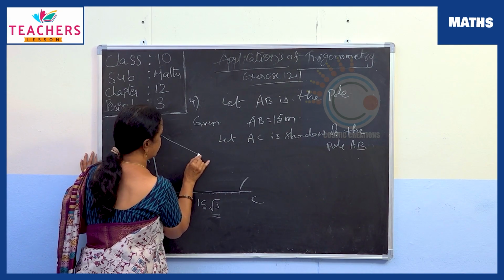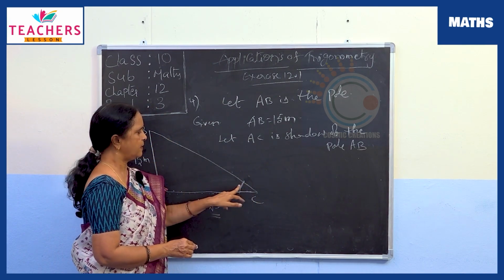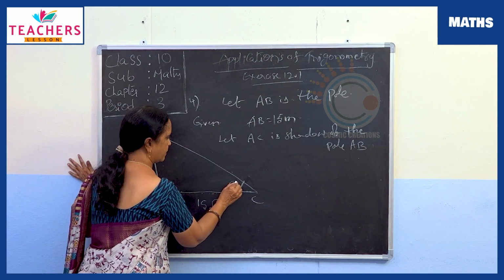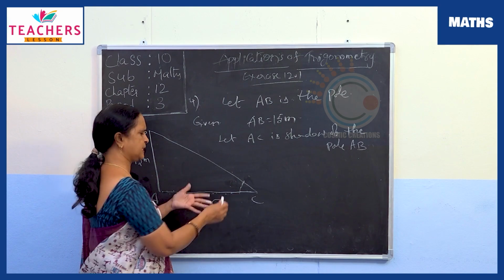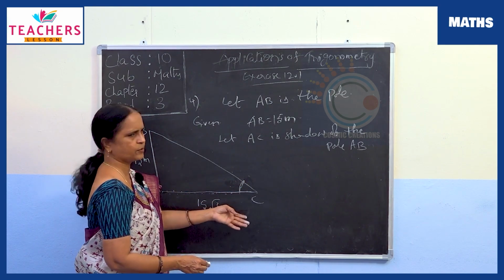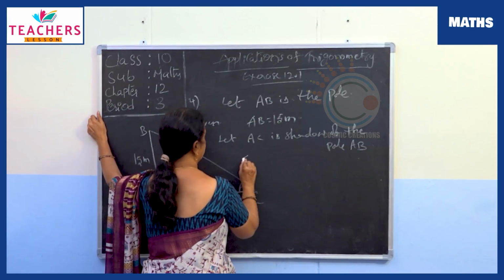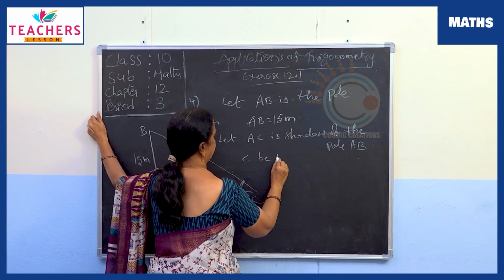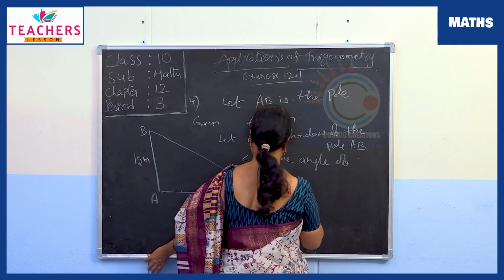For that we need to join the sun rays, BC. Join B and C. Here we need to find this angle C. No need to write theta, simply C. Let C be the angle of elevation.